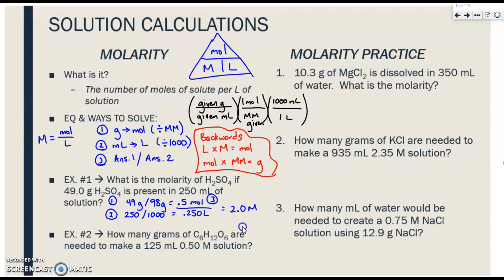Okay. In addition, or instead, you could have also solved this using dimensional analysis. So let's erase our answer here, and then we'll do it the other way.